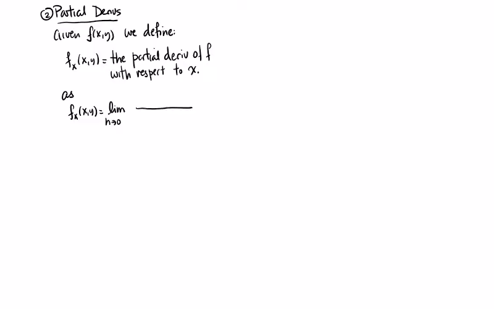is this. So take a second to read through this. This looks somewhat like the definition of the regular derivative, but what we're saying in this definition is that we're only interested in x changing. Right? Only x changes. y does not, right?